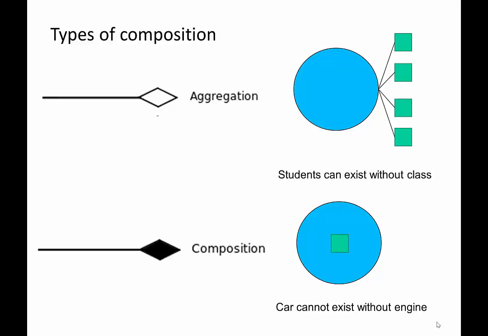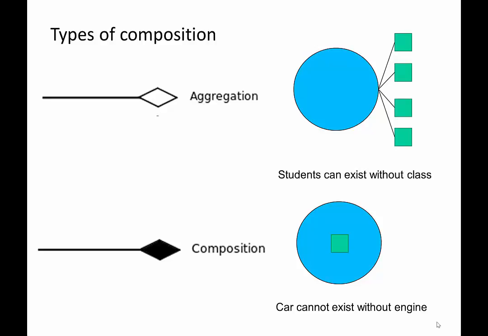Two forms of composition: aggregation and composition. These two filled and empty diamonds are used to represent these two types of composition. An aggregation is where the object that encloses the other contains the other object, so that the contained objects can exist independently of the containing object.